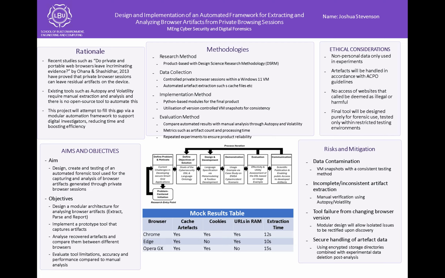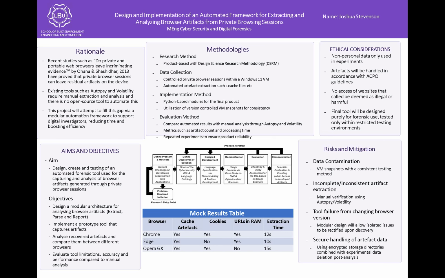The idea of this would be to help speed up the work of a forensic investigator to allow them more time to focus on other areas of the investigation that might be more important, or just more relevant. So, moving on to the aims and objectives.